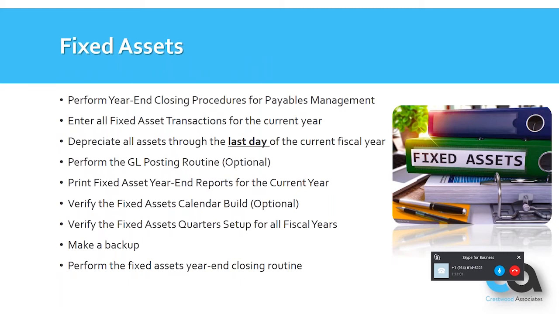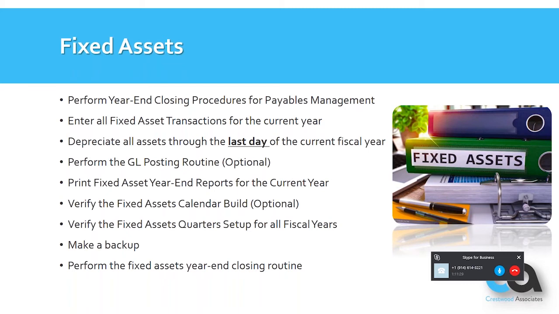And you'll want to make sure that you do it at this point in time because now you've closed payables. Anything that's been purchased is completed, and you know that that's locked down and done. So any purchasing that may affect fixed assets has been completed. And you'll want to make sure you close fixed assets, because then you'll be at the end and you can do your general ledger closing after that, and you'll be all done.